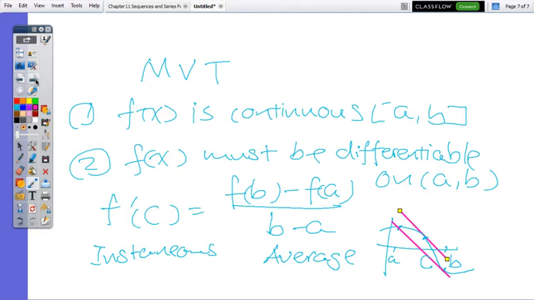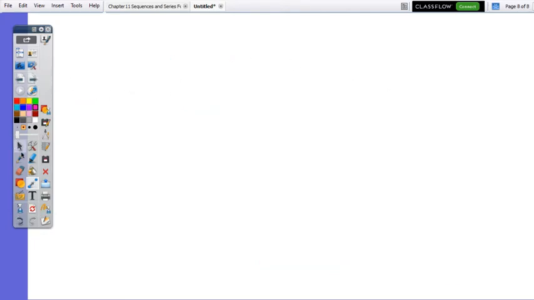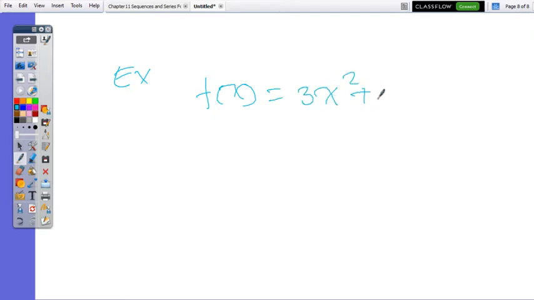So now let's do one example like this. Let's say we have f of x equals 3x squared plus 2x plus 5.